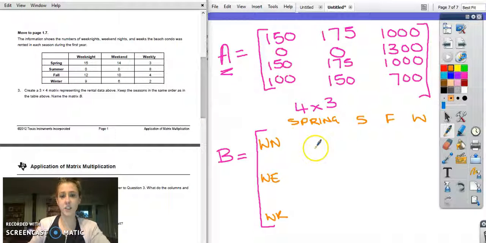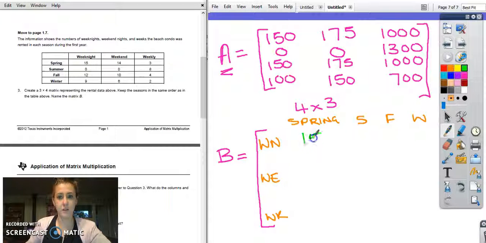Beautiful. And just taking that data now and putting it in there. So I can see for spring on a weeknight, 15. I'm going to work right across my spring row there. So again, working across that top row, so I'm 15.